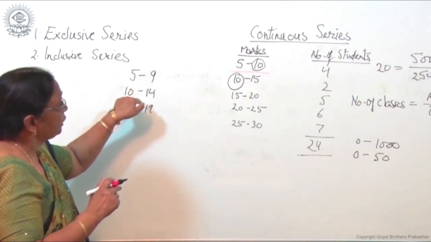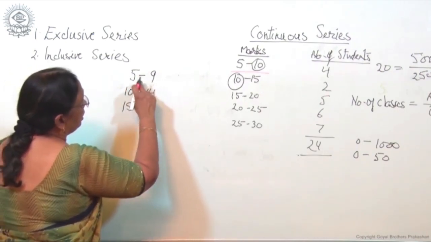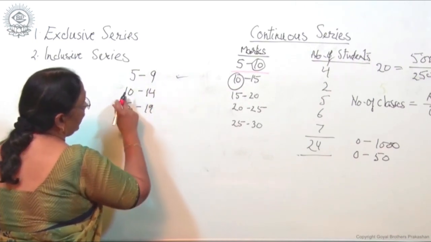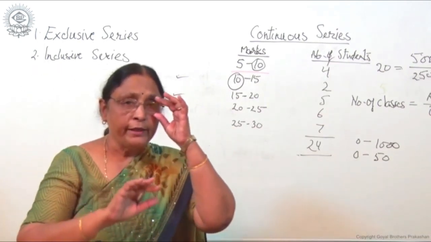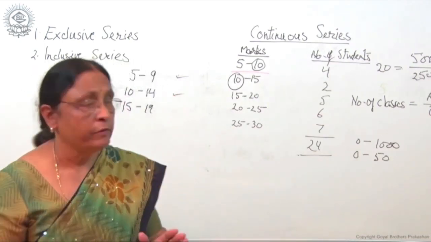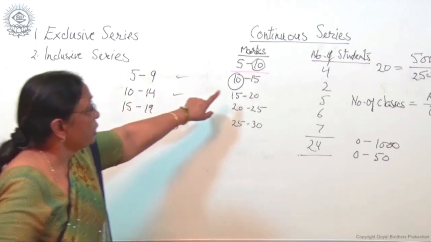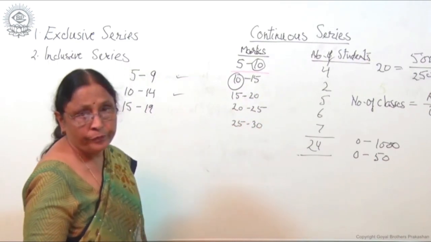And how to make the inclusive series in this case? We just add up the child who has scored 9 marks over here and who has scored 10 marks over here. So all the items are included in a particular class interval in the case of inclusive series, and there is no confusion as it is here in the case of repeated figures.